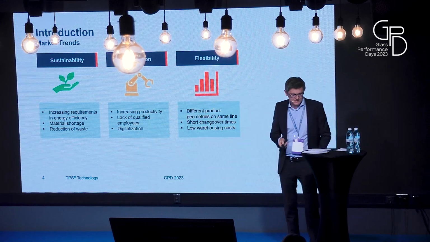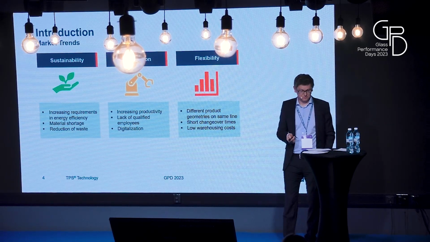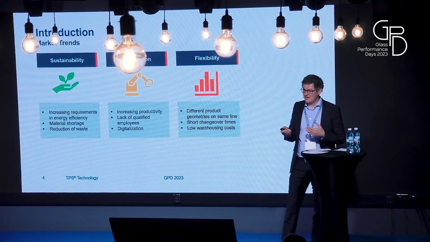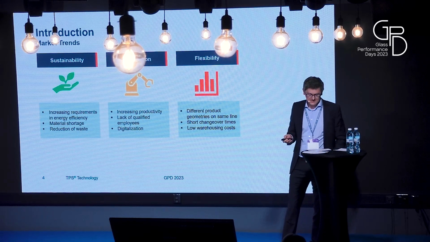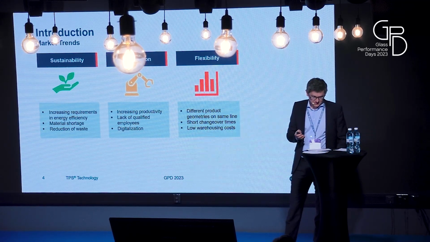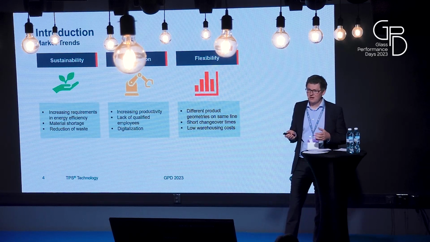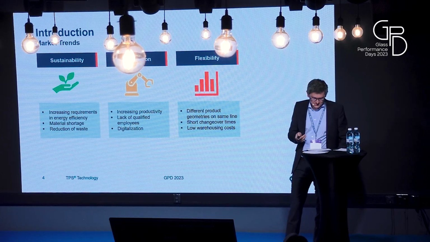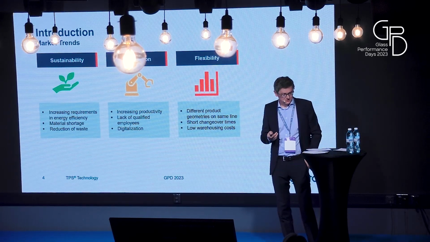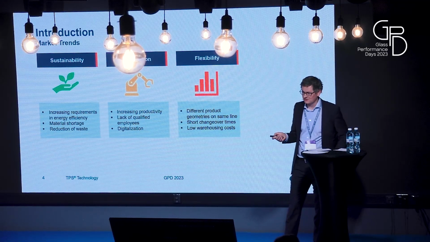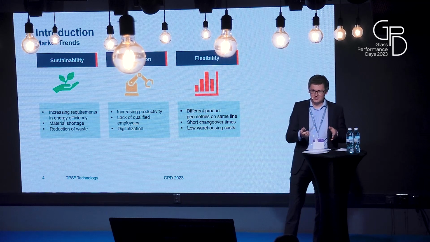Furthermore, we are confronted with increasing flexibility and diversity requirements. For the production of IG units, for example, it means that it should be possible to use different spacer types, different geometries, glass sizes, and spacer widths on the same line. So the idea and the request is always to have as many opportunities as possible with the same machinery equipment, and to have nearly no changeover times, for example, during the change of different spacer widths.